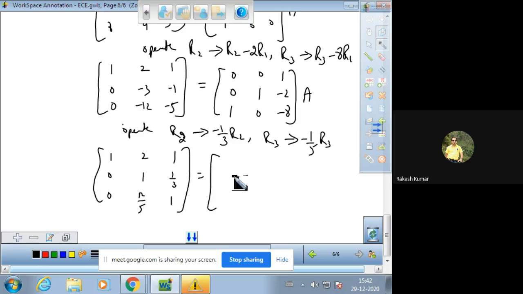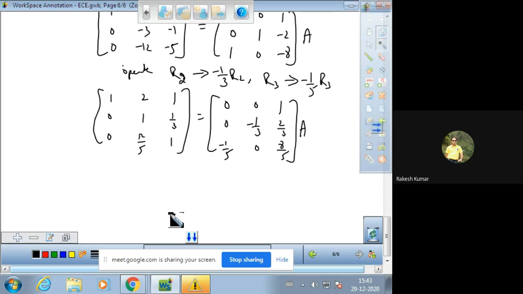And on the right hand side you will have 0 0 1, 0 minus 1 by 3, and 2 by 3. And similarly you will get here negative 1 by 5, 0, 8 by 5.